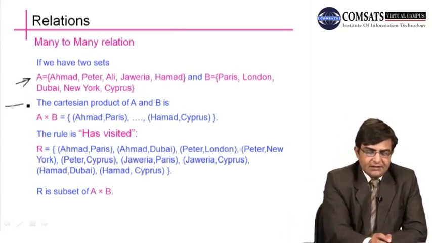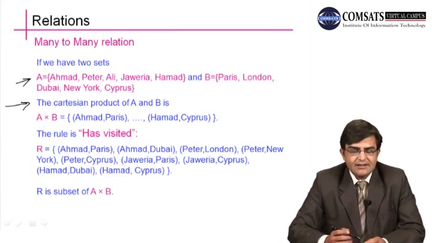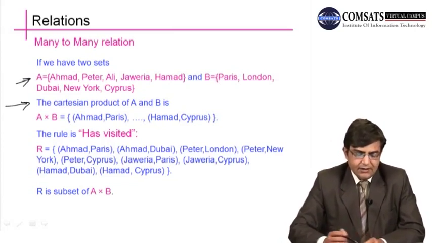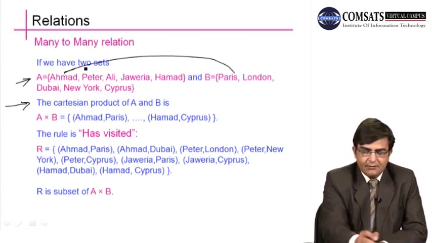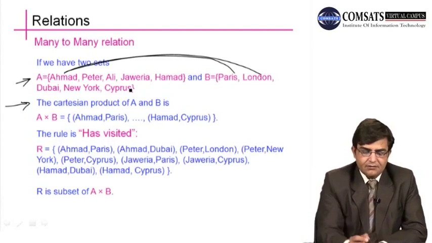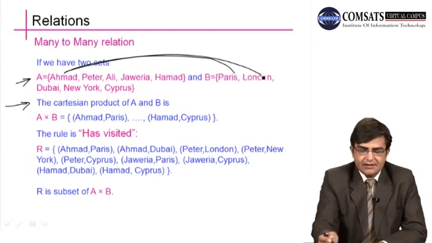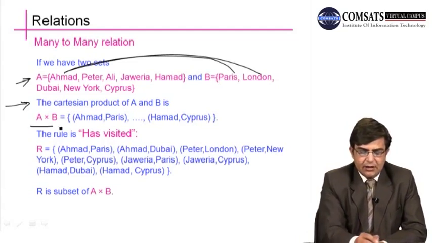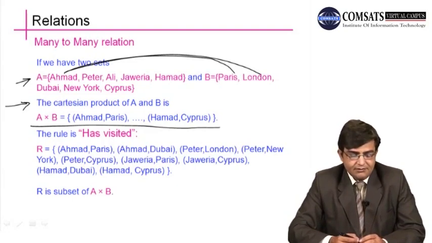Now the Cartesian product of A and B you can easily define. A cross B is basically Ahmed, Paris; Ahmed, London; Ahmed, Dubai; Ahmed, New York and so on. At the end, Hamad with Paris, London and Cyprus. So I hope you can easily write the Cartesian product between A and B.